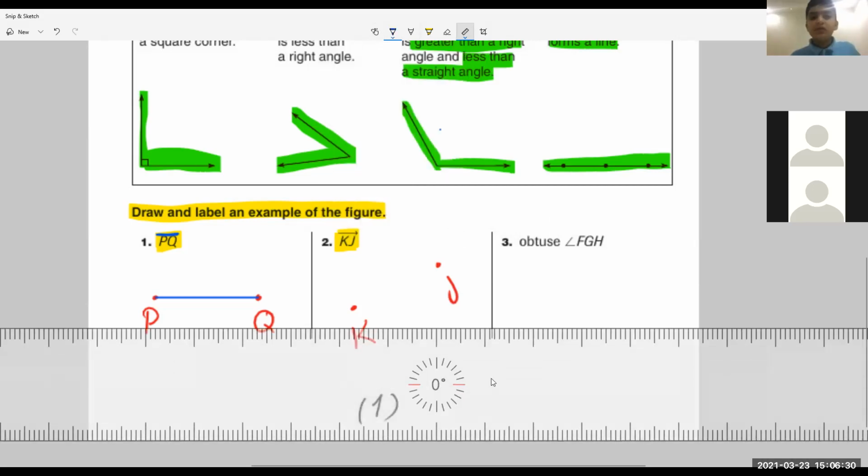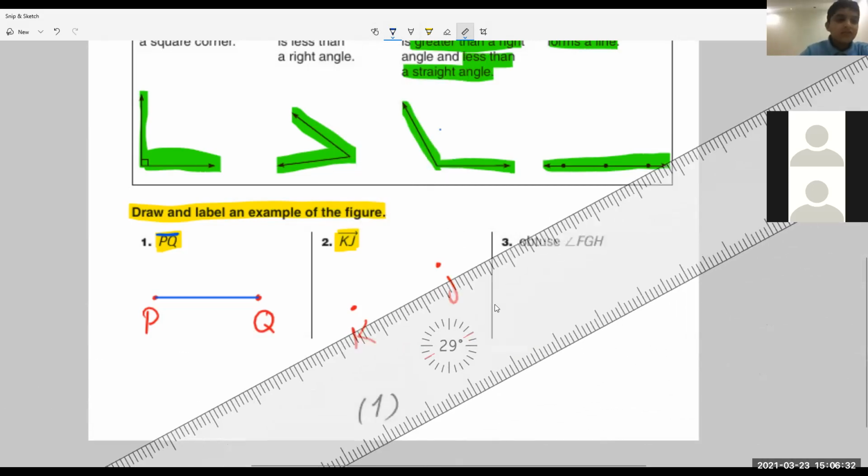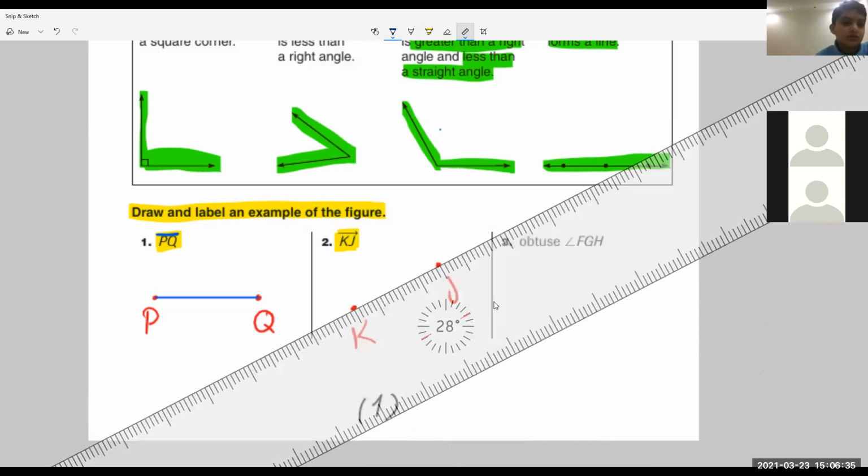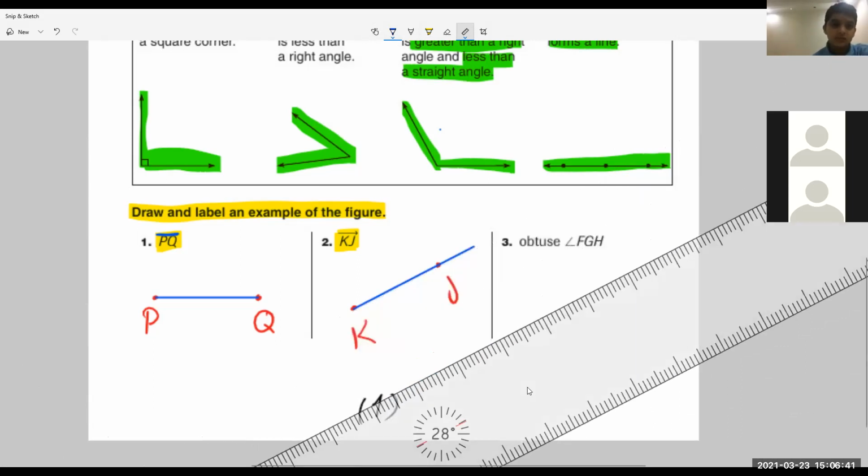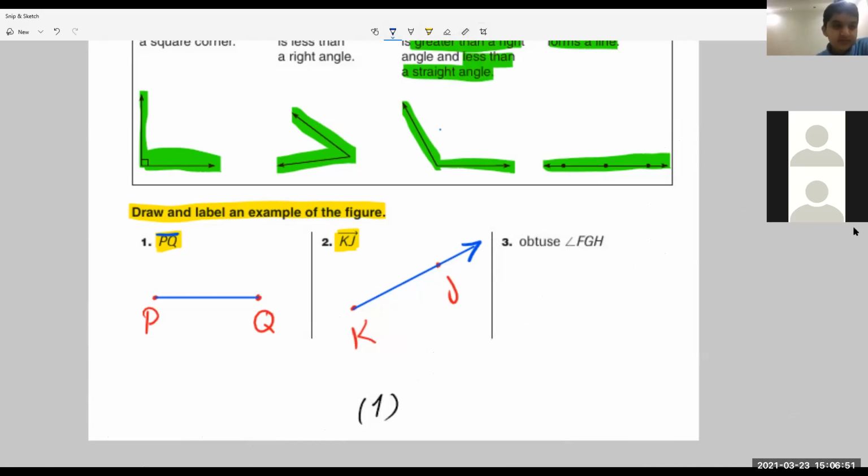Yes. Okay, let's adjust my ruler here and start from K and passing through J like that, right? Yes. Then we put the arrow. Yeah, great. Thank you so much. Great job, Ahmed Ayman.